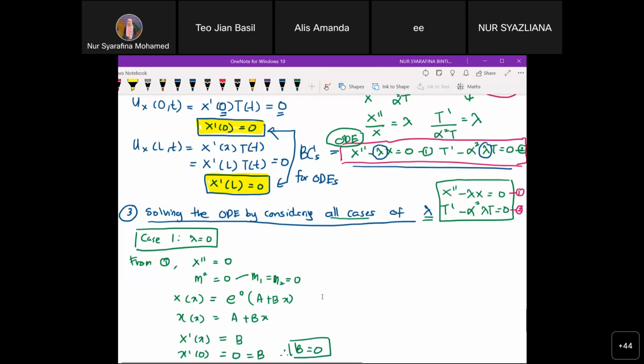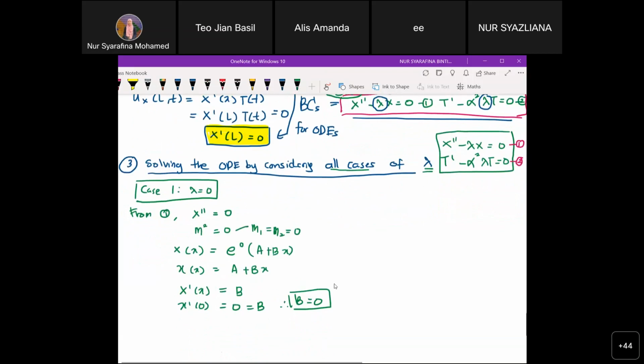Okay, so when b equals 0, then x equals a. Is that clear? Then the second condition, x prime l equals 0.